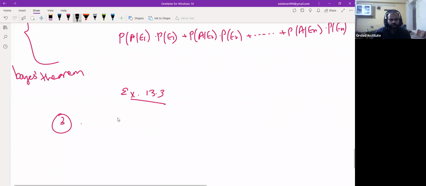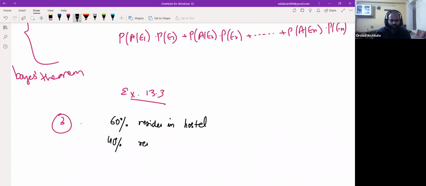So in a college, there are many students. Among them, 60% reside in hostel, and 40% are day scholars. That means they reside at their home or PG, wherever they reside. They come for the classes only. They don't reside in the hostel.